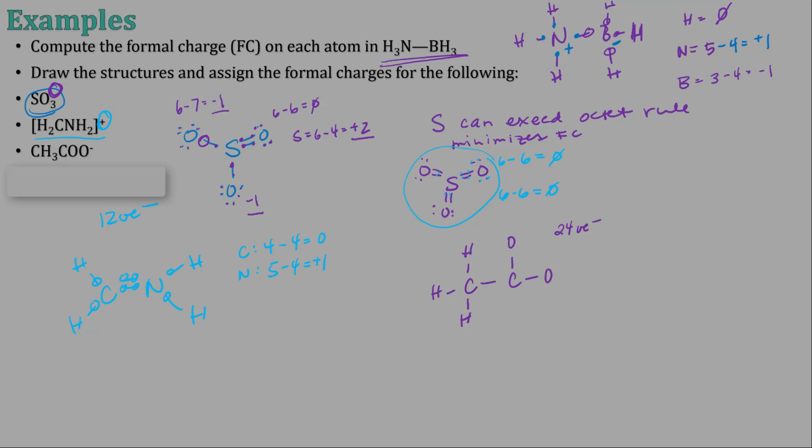So I need to put out 12 more. So there's 6 and another 6. All right, so this carbon right here needs another pair of electrons because its octet is not satisfied. So I'm just going to take 2 of those and put them down here. Now this has resonance.